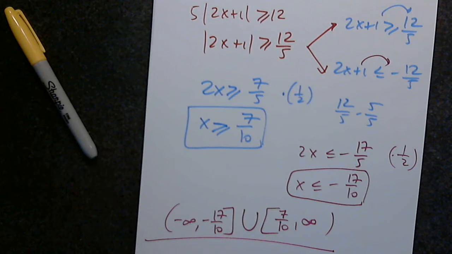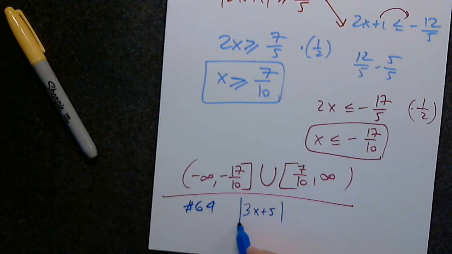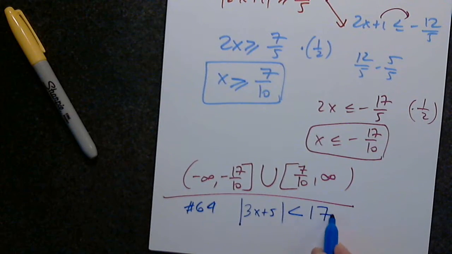Okay, so let's look at 64. Any questions for me before we look at 64? In 64, we have 3x plus 5 in absolute value, less than 17. Completely cleaned up. I just need to put it in the correct category. Is it the in-between category or the outside category? In between.